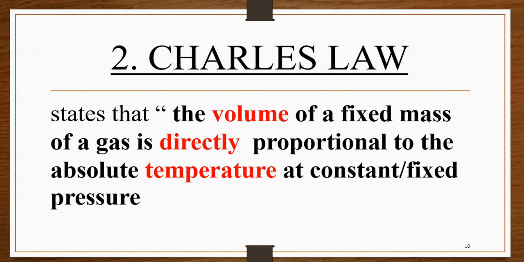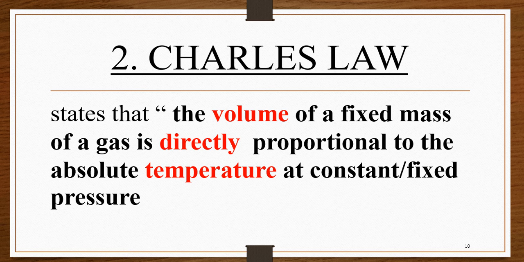Number 2, Charles' law. First of all, it is the second law that you are looking at under this topic of gas laws, and it states that the volume of a fixed mass of a gas is directly proportional to the absolute temperature, and that one is very important, at constant or fixed pressure.